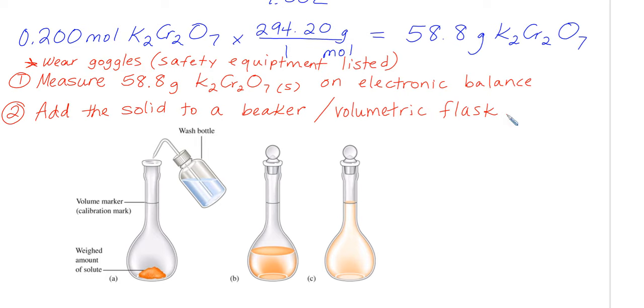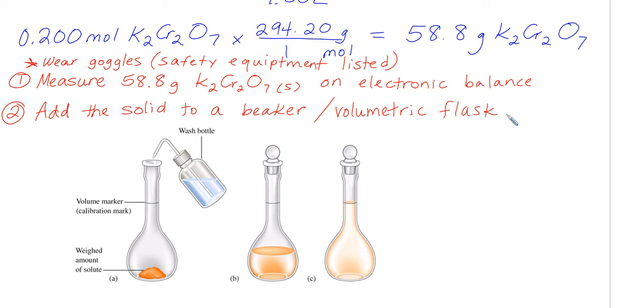Here I'd want a 1 liter volumetric flask. So it's not something that I would use for measuring. There's only 1 mark on this thing. But they're good for solution making because they've got this bulb on the bottom and you can kind of swirl them real easy and you don't make a mess. So this is a common piece of equipment that they'll probably have on the list. So I'd add the solid first.